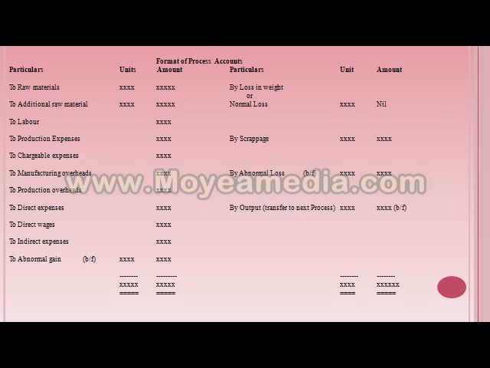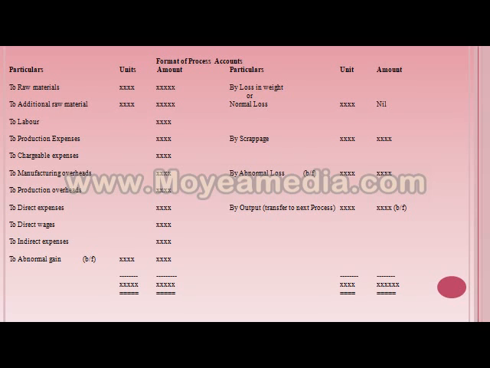It can be raw material, labor expenses, chargeable expenses, manufacturing expenses, direct expenses, indirect expenses, any expense for that matter which is related to the particular process will be written on the debit side, along with the units introduced for the raw material.